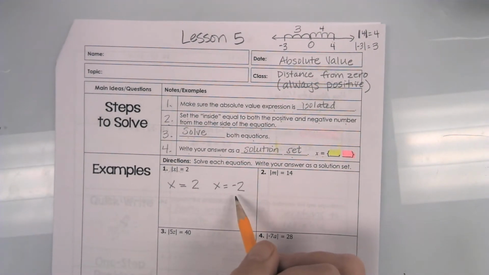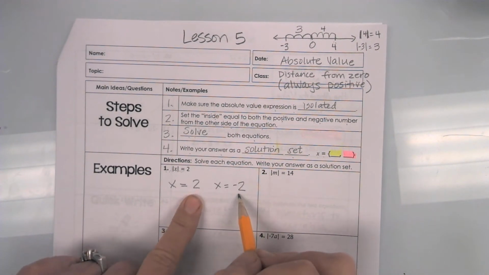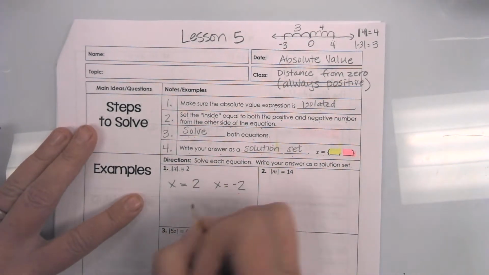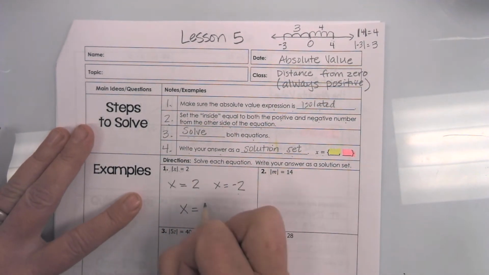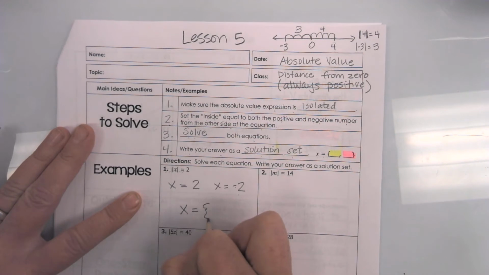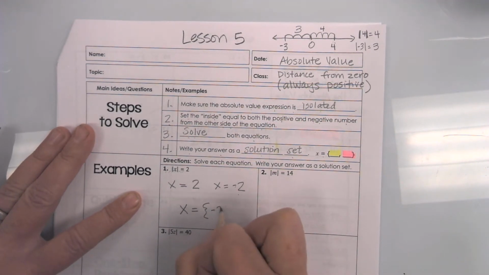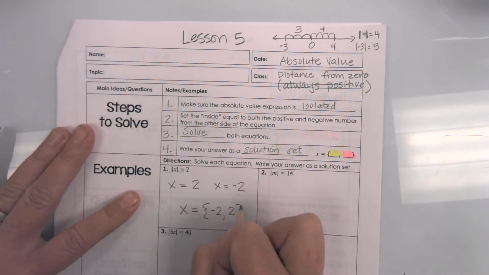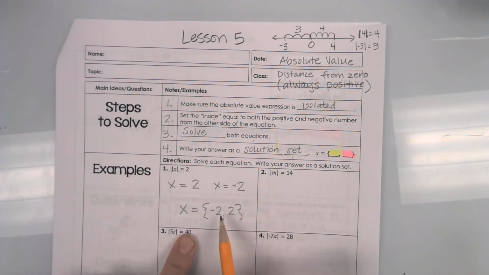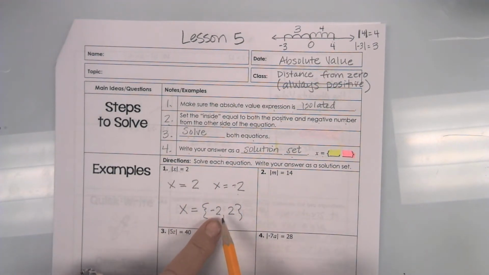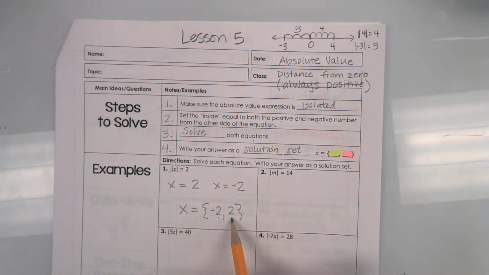Then we solve both equations, but look, they're already solved. So now we say x is equal to, and we put these numbers in braces. I always put my negative number first and then my positive number. So the solution to number 1 is -2 and 2.